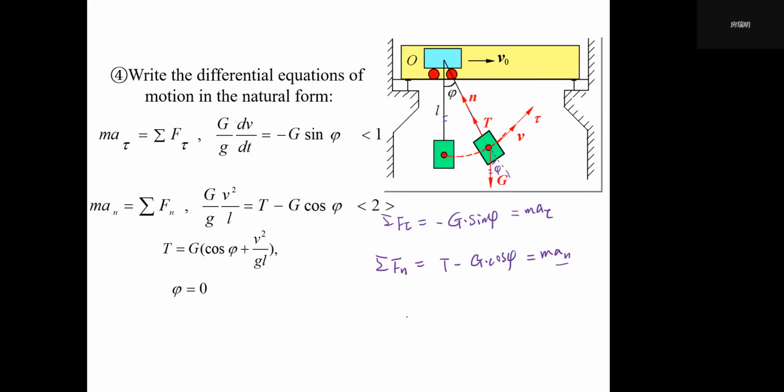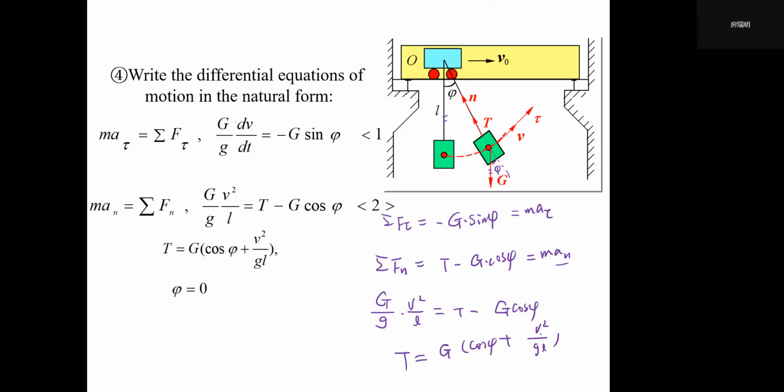Maybe I should write here. So we have G over g, actually is m, and this v squared over l is a n, equal to T minus G cosine phi. So we can get this G, right, cosine phi plus G v squared over g l, right?